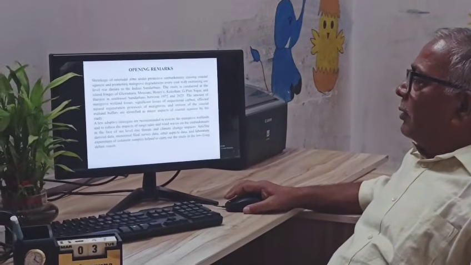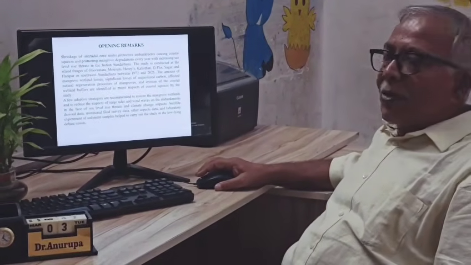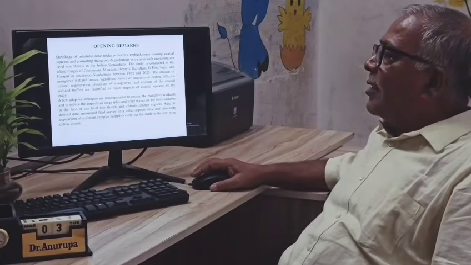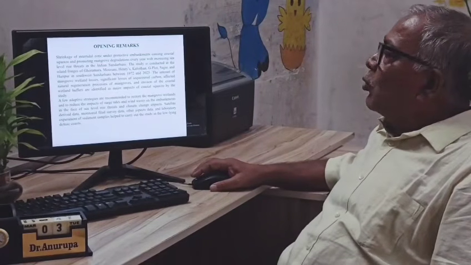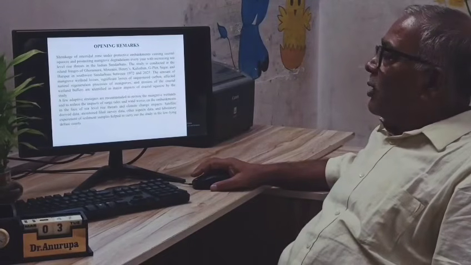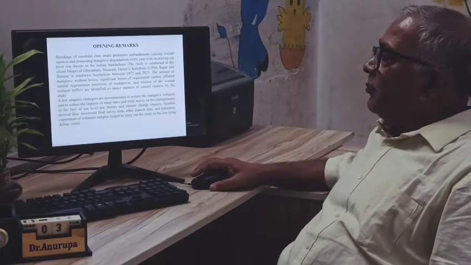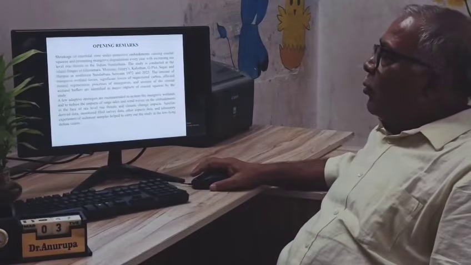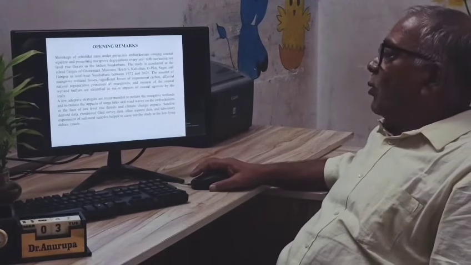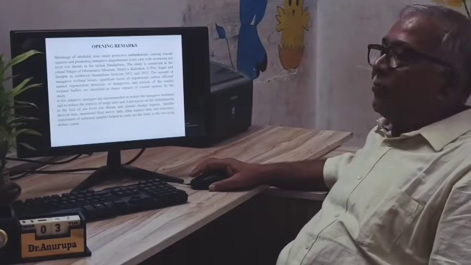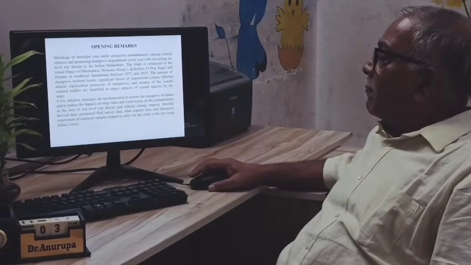So this concept represents the shrinkage of the intertidal zone under protective embankments, which is causing the coastal squeeze and promoting mangrove degradation every year with increasing sea level rise threats in the Indian Sundarbans.